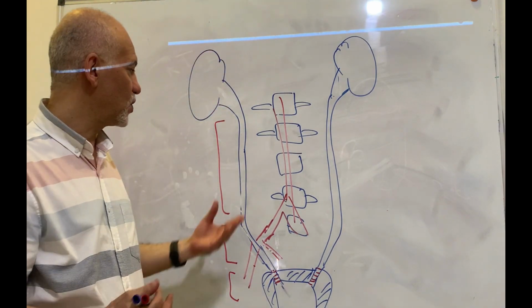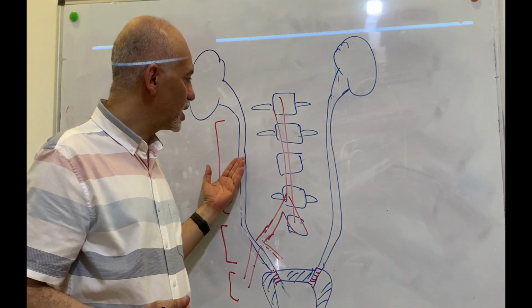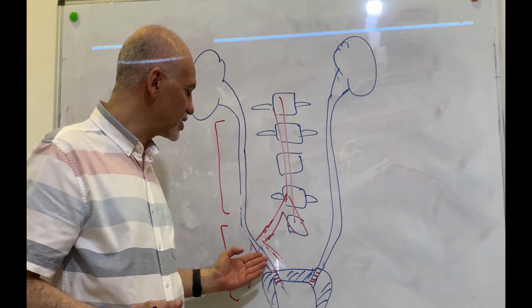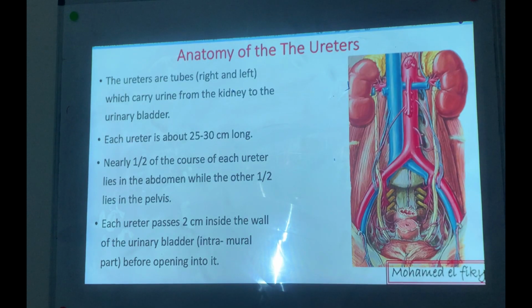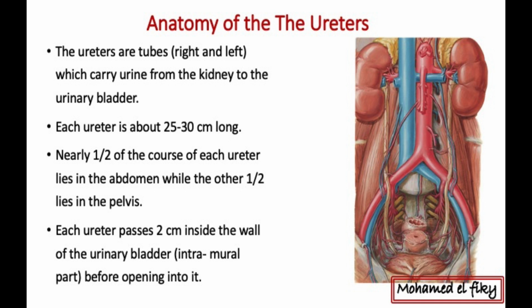What is the relation of the abdominal part of the ureter and what is the relation of the pelvic part of the ureter? Again, this is the ureter, abdominal part, pelvic part. The ureter is a tube, right and left, which carries urine from the kidney to the urinary bladder.